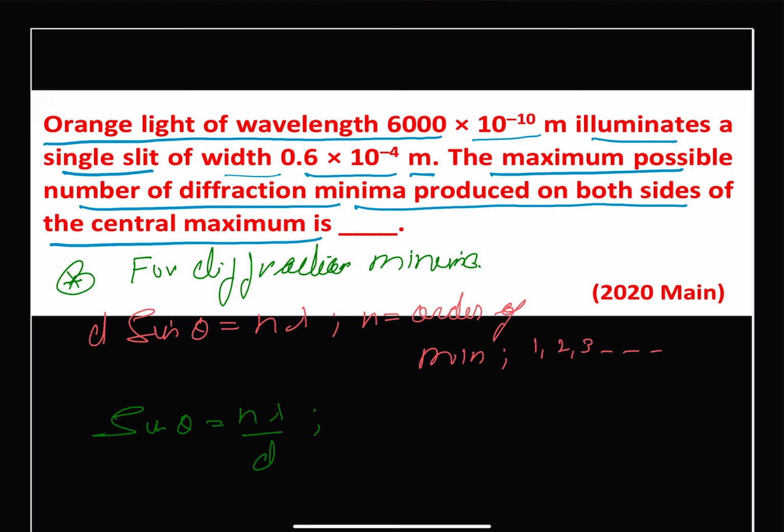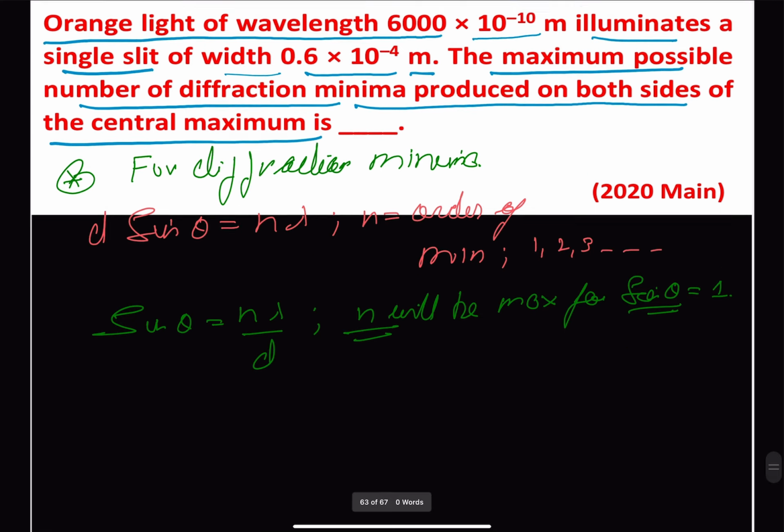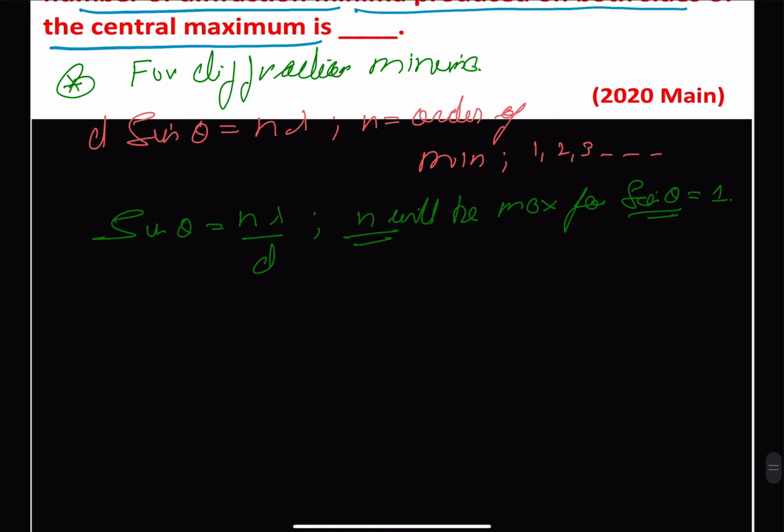So we can say n will be maximum for sine theta equal to 1, because we want this n to be maximum. Therefore we can say that n is equal to d upon lambda.